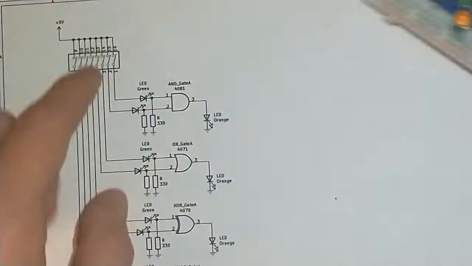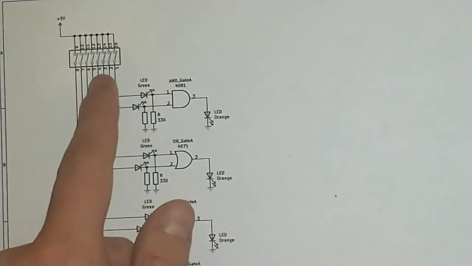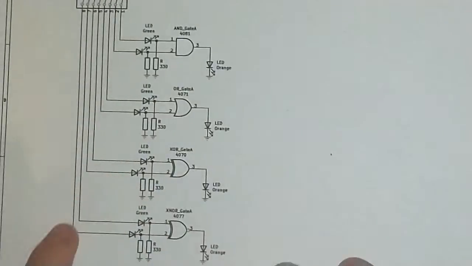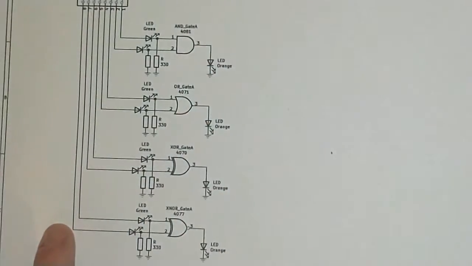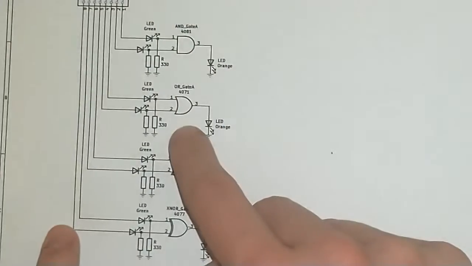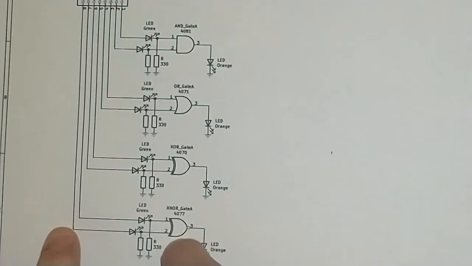I have connected these pin numbers to inputs of the gates over here. So as you can see, this is an AND gate, this is an OR gate, this is an XOR gate, and this is an XNOR gate.